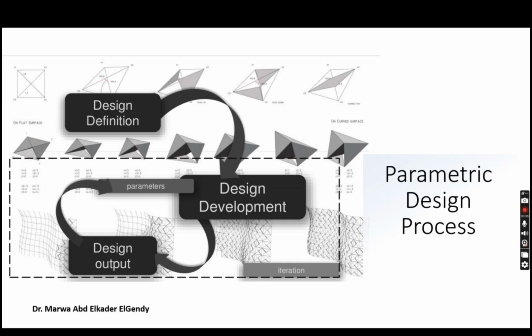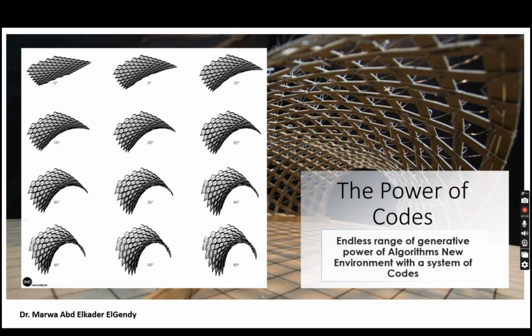The parametric design process starts with the parametric design definition and then design development and the final output depending on parameters. As I said, with a parameter in an equation, a change in parameters changes your design.